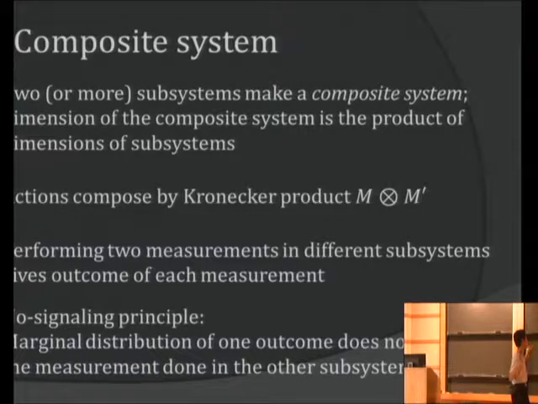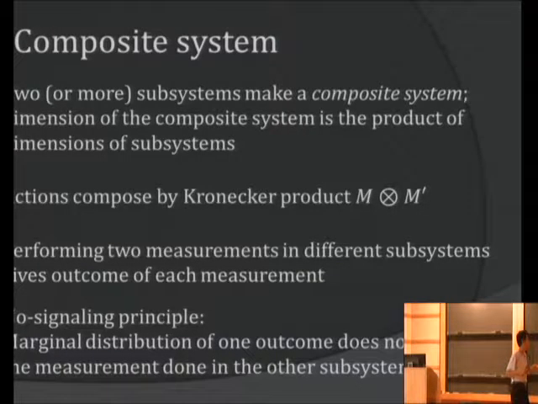We only defined what happens if we measure both subsystems, but in other words, this means the marginal distribution of the outcome at one subsystem is well defined even if we don't specify what we do at the other subsystem. So this holds in any state.